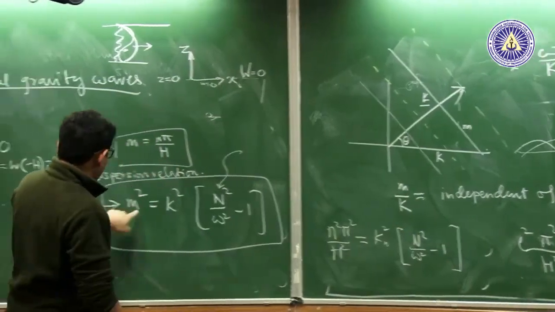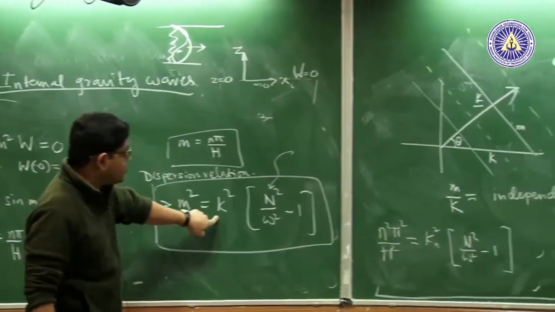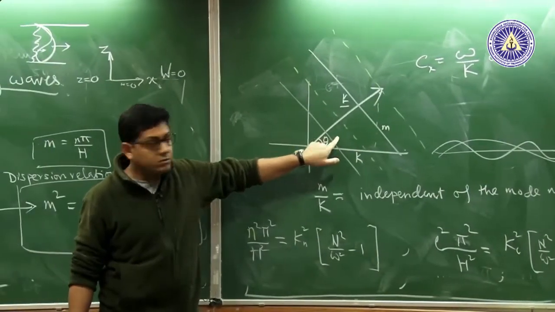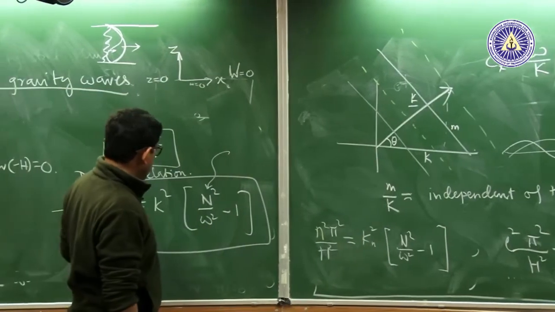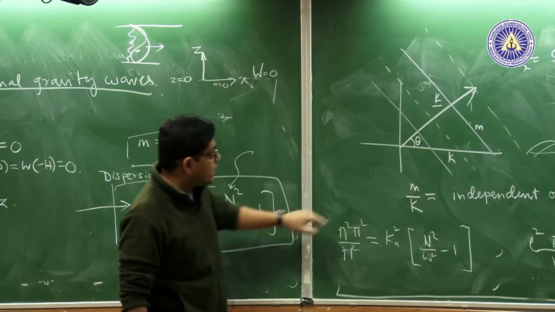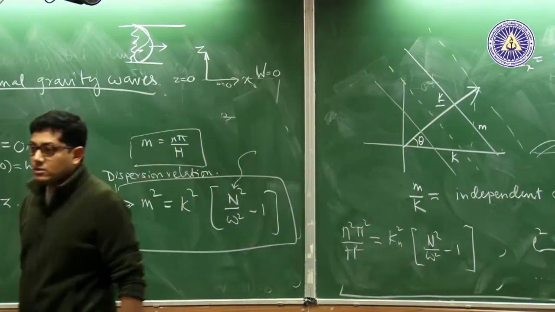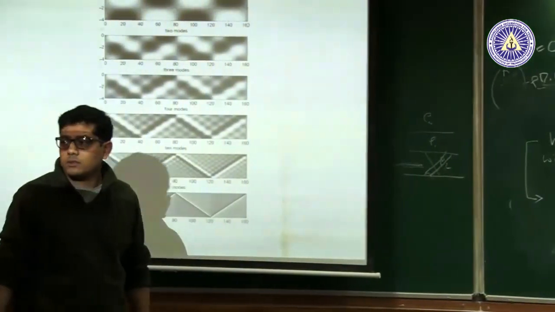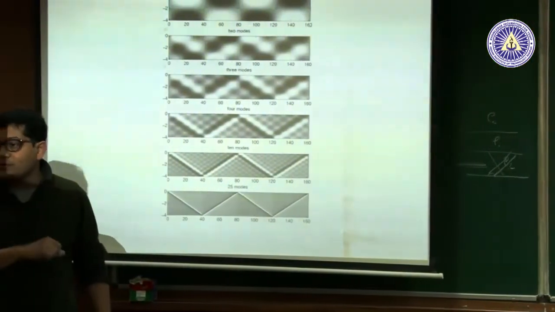If you take m and k, take the ratio, it always propagates at this angle theta. m by k is n square minus 1, n square by omega square minus 1, which would be something like a cos theta or tan theta, tan square theta, whatever. So, that angle is preserved.